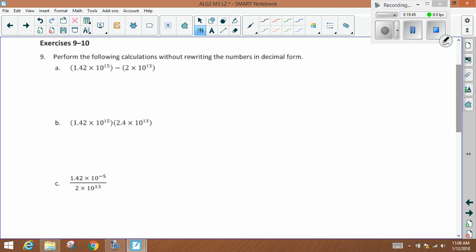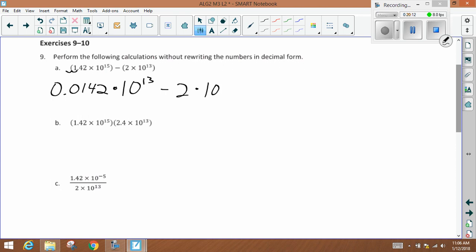So that means this needs to go 1, 2, right? So this would be 0.0142 times 10 to the 13th power minus 2 times 10 to the 13th power.